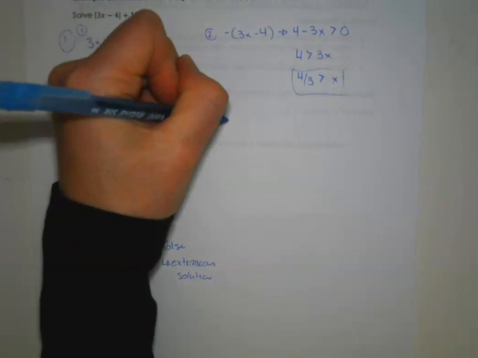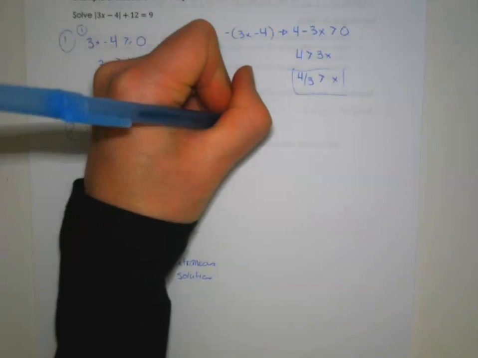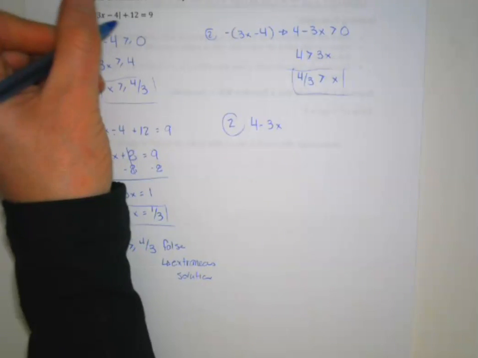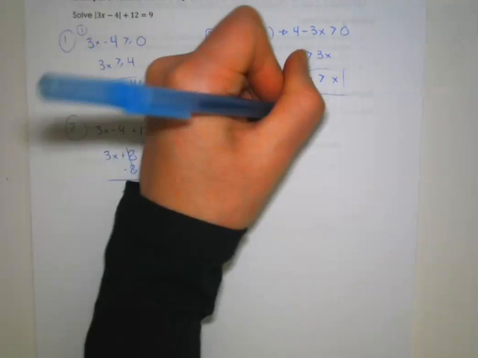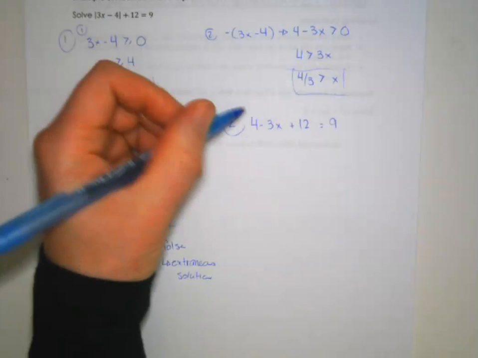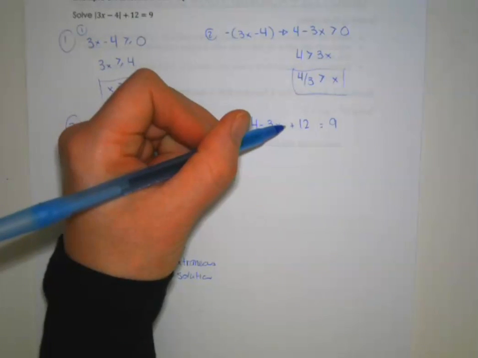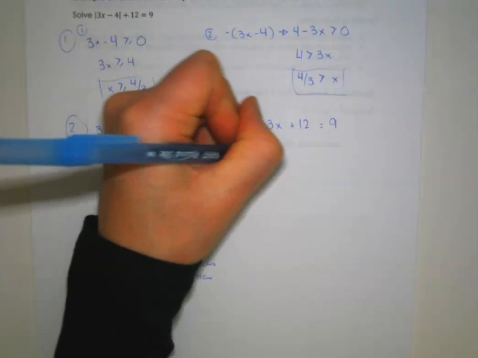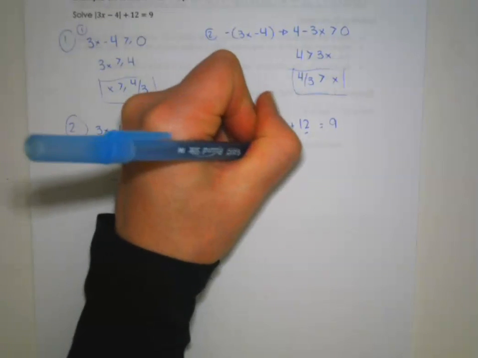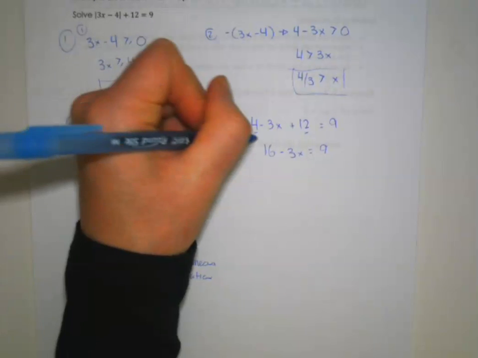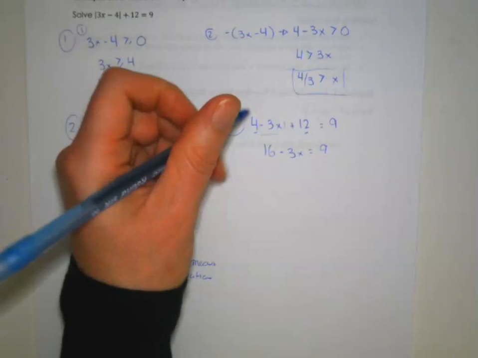So for case number 2, we have 4 minus 3x plus 12 equals 9. Again, combine your like values. So 4 plus 12 is 16. So just combining those two numerical values, 16 minus 3x equals 9. Just keep in mind that you have to keep that negative together with the value.